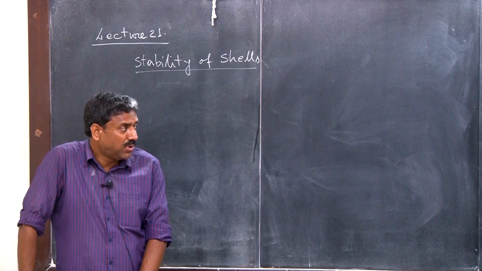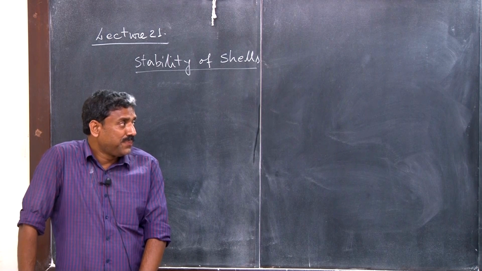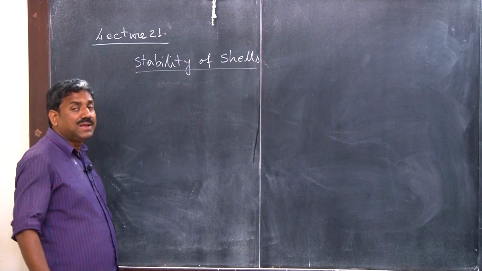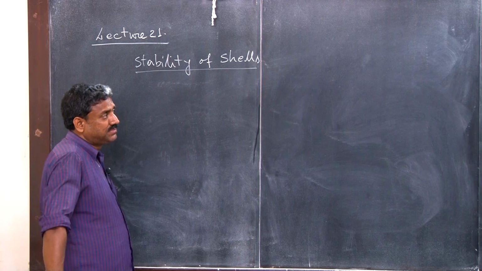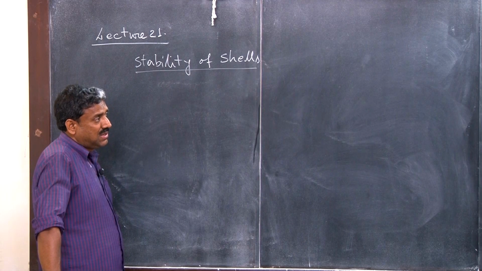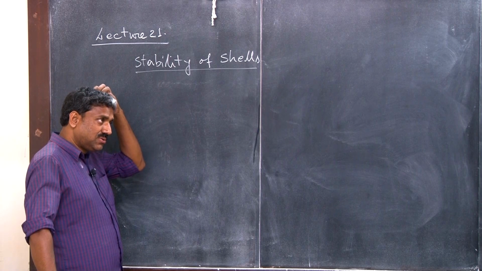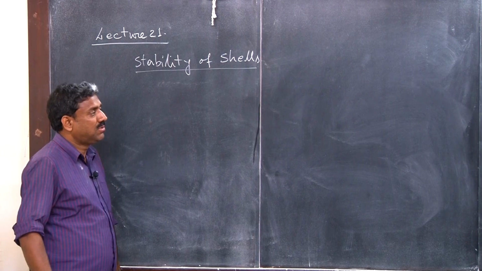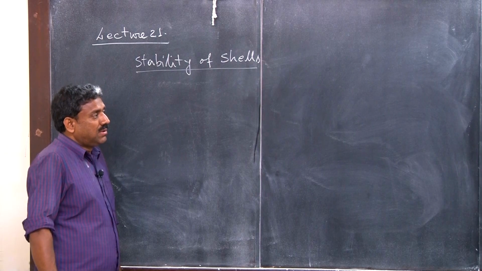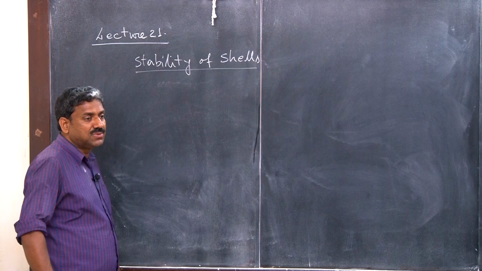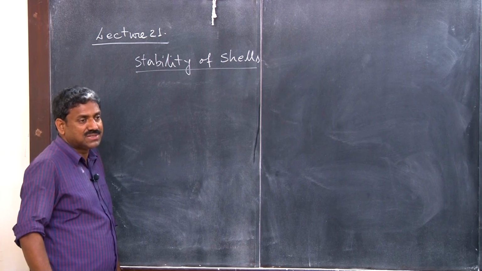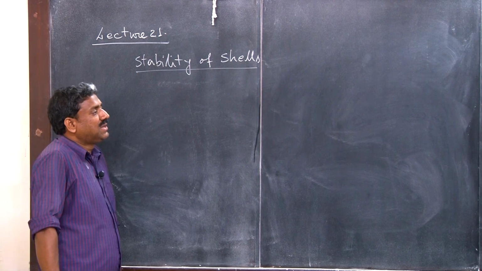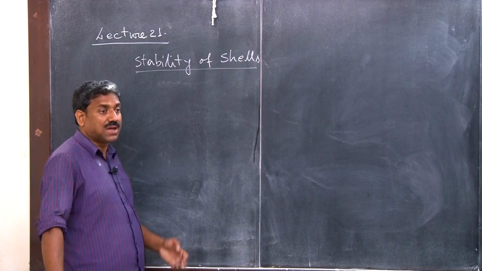What is most important to start with is that shells are two-dimensional structures, characterized by two dimensions which are much larger than the third dimension, the thickness, and they are characterized by curvature.